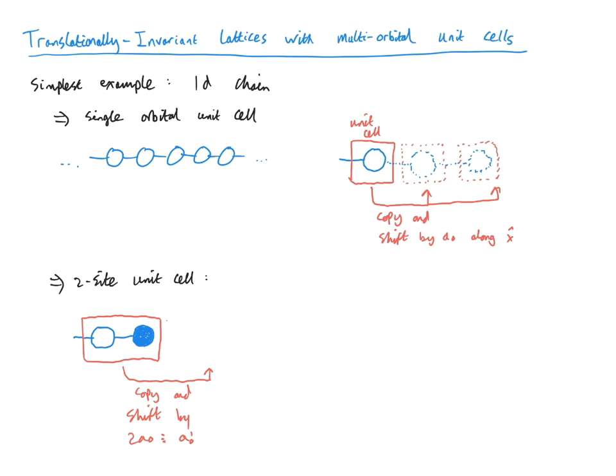And again, what that looks like when I've copied and shifted it is these dotted structures. Okay, this middle one is also dotted inside, something like this. So we have this kind of structure, and again I can generate the entire lattice by shifting it around.